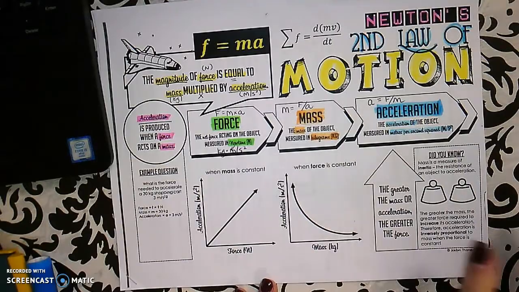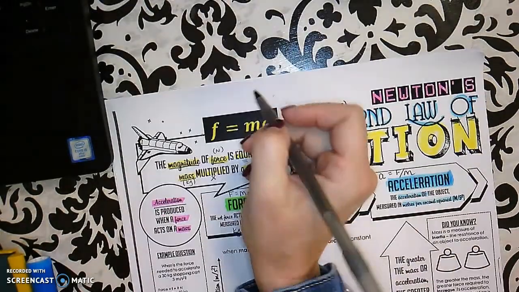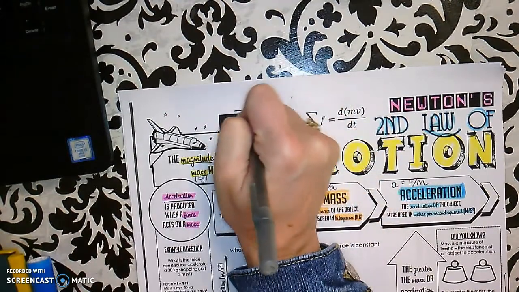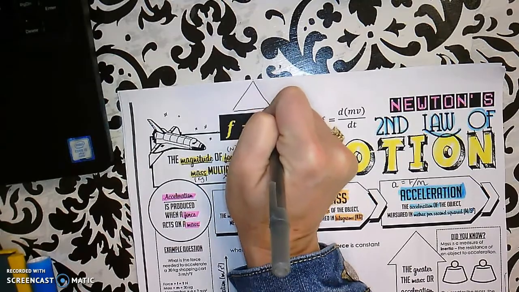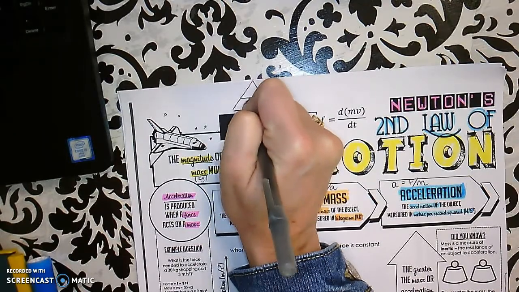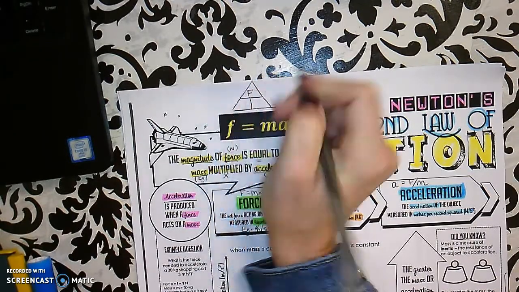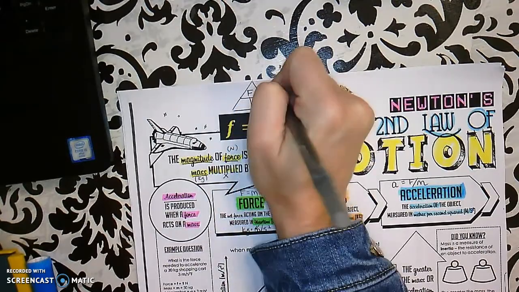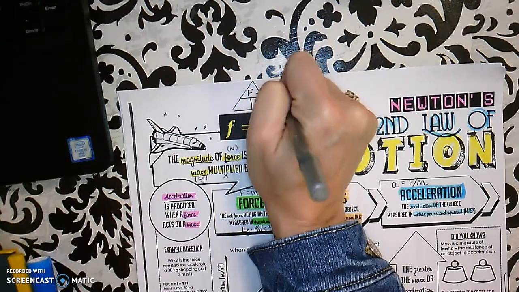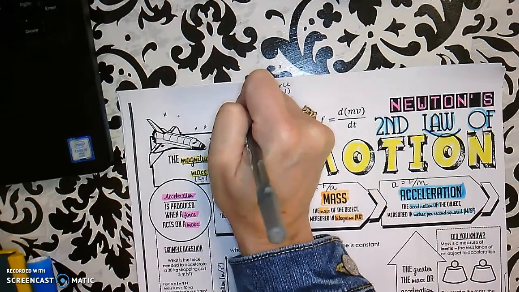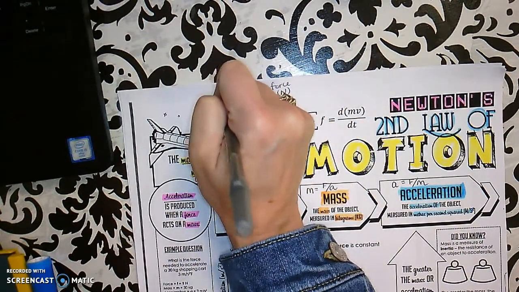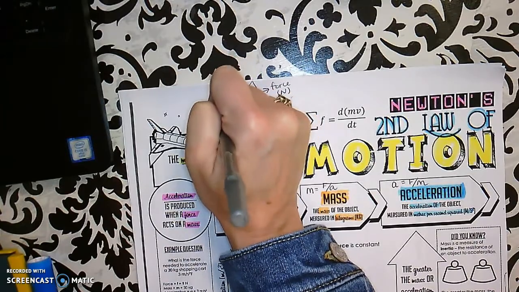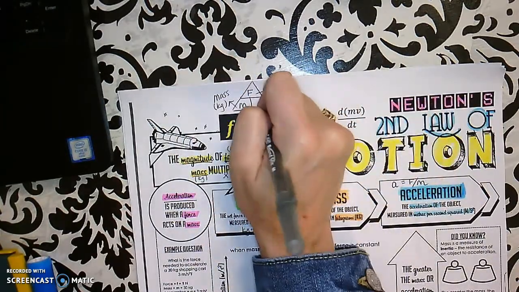When we put all of that in our triangle, I'm going to draw that up here at the top of the page. We'll be drawing this triangle a lot today, and by the end of class, I hope that you'll have it memorized. Force is going to go at the top. That's force measured in newtons. Mass is going to go on the bottom. That's mass measured in kilograms.